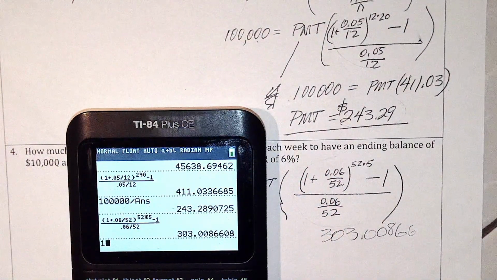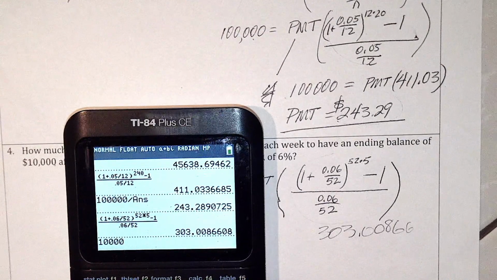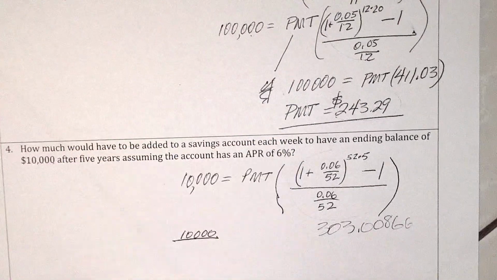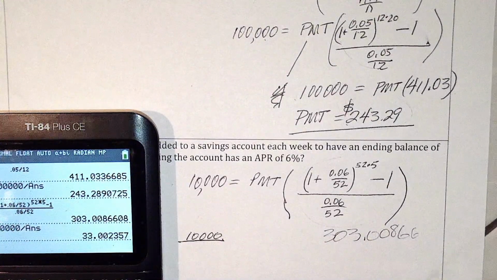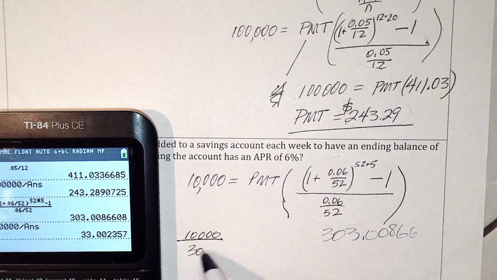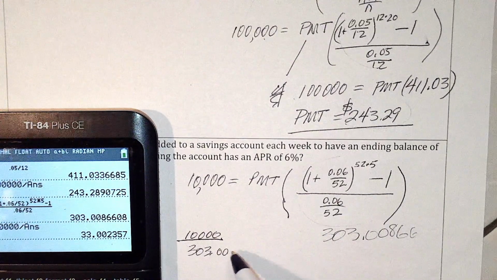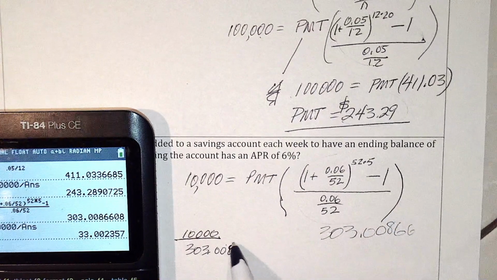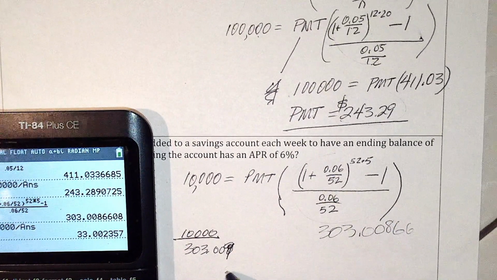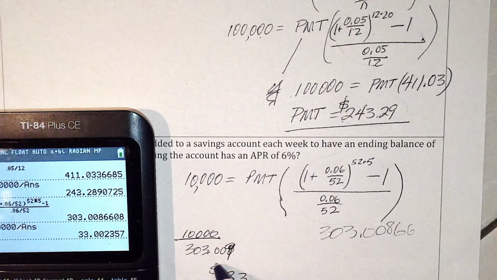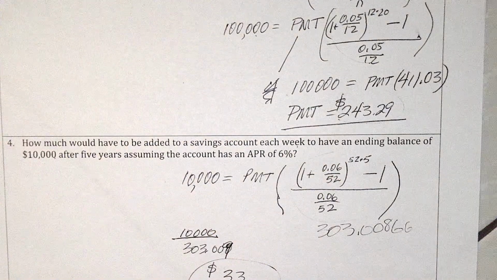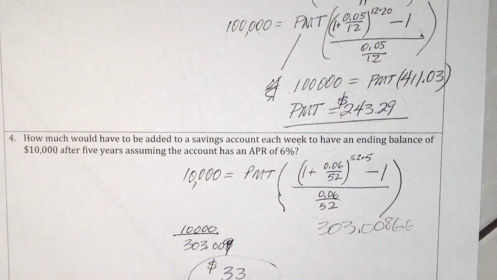So 10,000 divided by my last answer, and I get $33 into the savings account each week, and in 5 years I'll have $10,000.